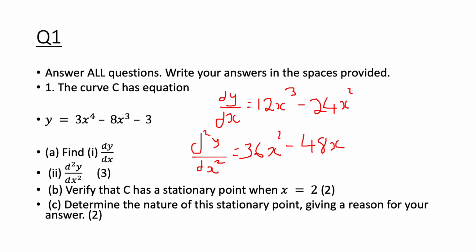Right guys, part B, verify that C has a stationary point when x equals 2. So this is true when dy by dx is equal to 0. We have what we call a stationary point or a turning point when dy by dx is equal to 0. So solving this top equation, 12x cubed subtract 24x squared is equal to 0, by factorizing it.